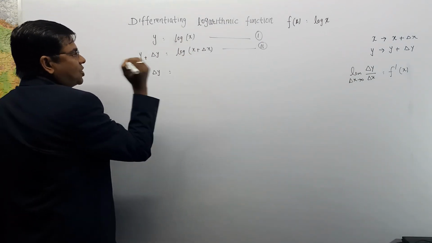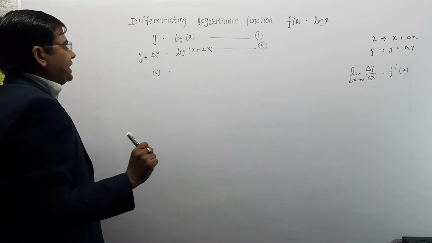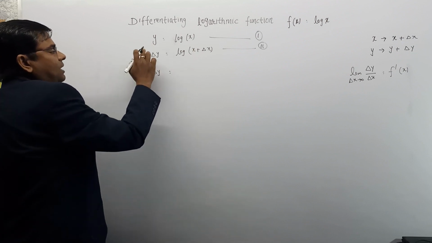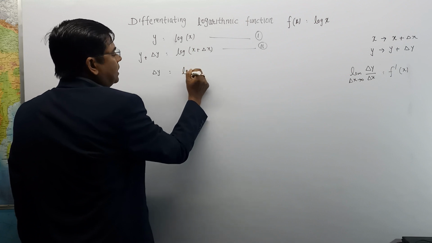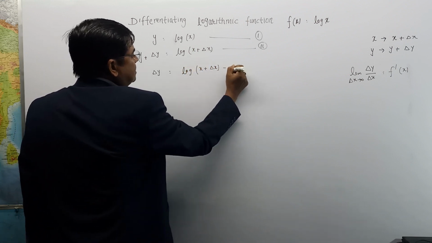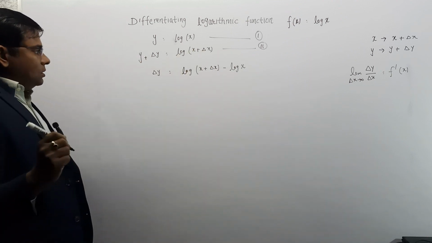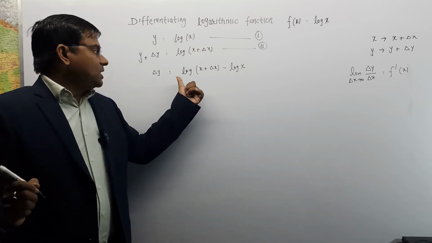So by subtracting equation 1 from equation 2, we get del y, because y plus del y minus y, so y is cancelled out. So we can write here log(x plus del x) minus log x. Okay, so this is the increment in y, that is delta y.